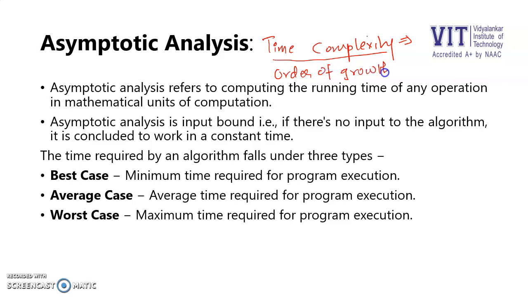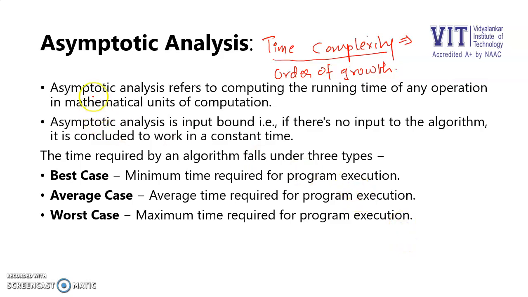Now, what was that? If the value of input n is increased by x, then what will be the time complexity? And by what amount the time complexity of the algorithm will increase? And depending upon it, we had various different time complexities.